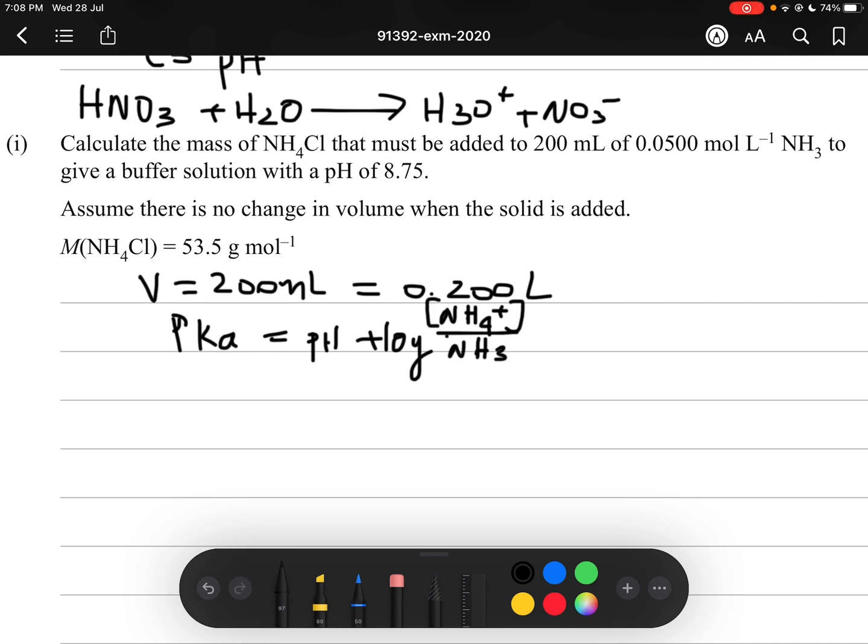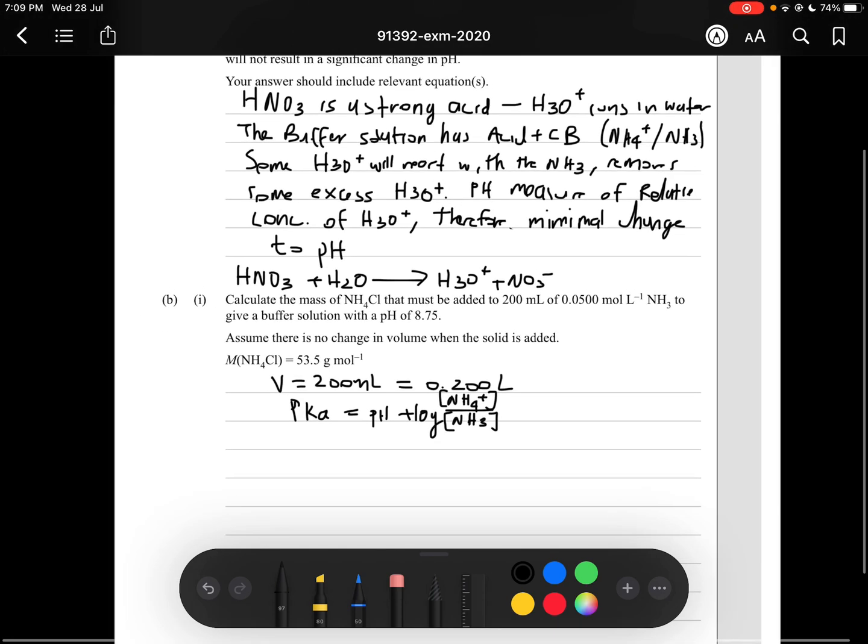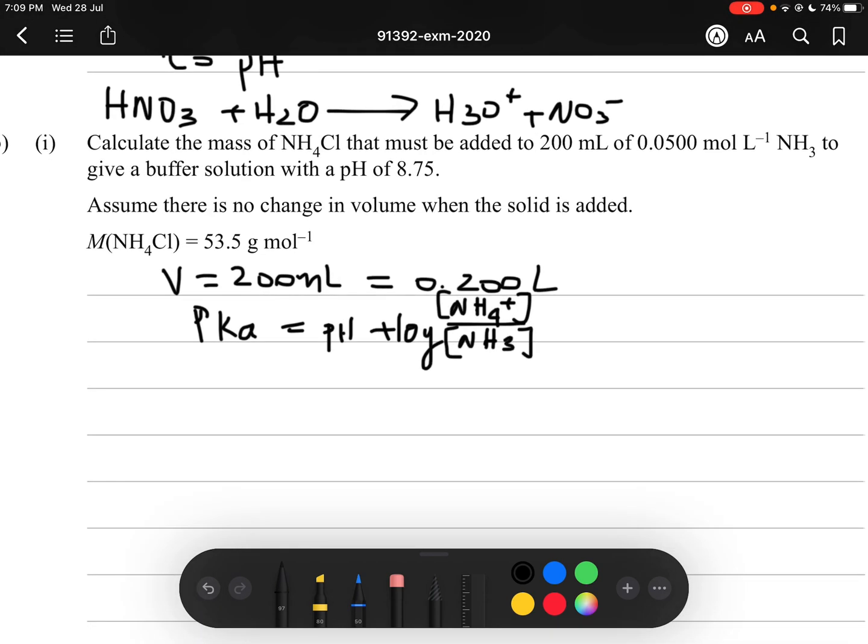And the brackets will just indicate that it's the concentration of the NH4 plus and the concentration of NH3 in the solution. Right, so we can just substitute that our pKa is equal to 9.24. So we can say 9.24 is equal to 8.75 plus log, and log is base 10, so we should just write that down.